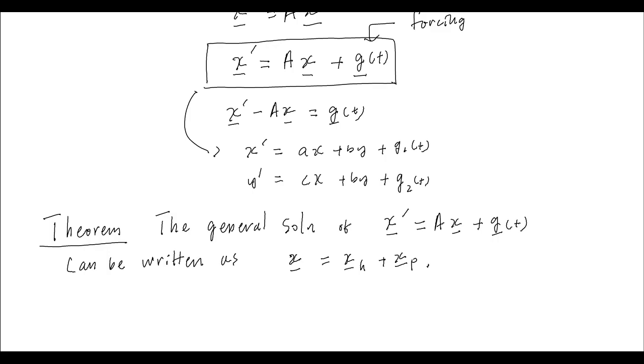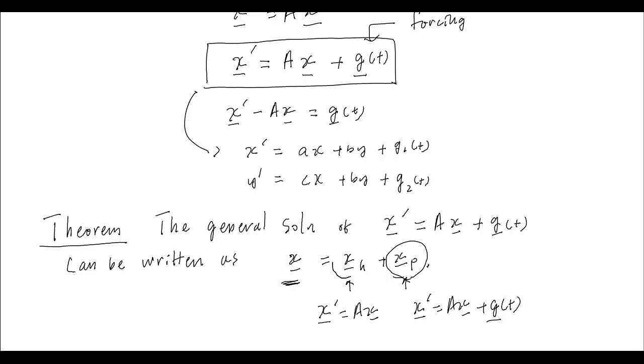And here, xh is a solution of the homogeneous system, and xp is called a particular solution, which satisfies the non-homogeneous system of ODEs. So, as we have seen in the second order case, if we can find any particular solution, we can get the general solution by adding the homogeneous solution to this particular solution. Alright? And this is how we can find the general solution of the non-homogeneous ODEs.